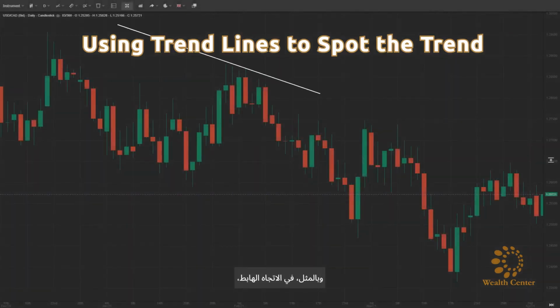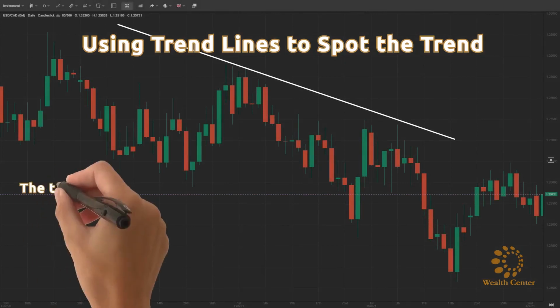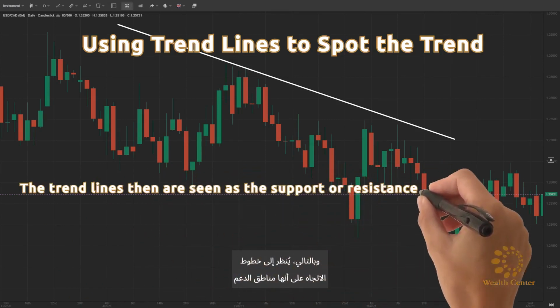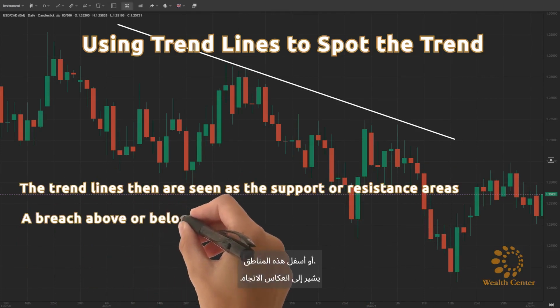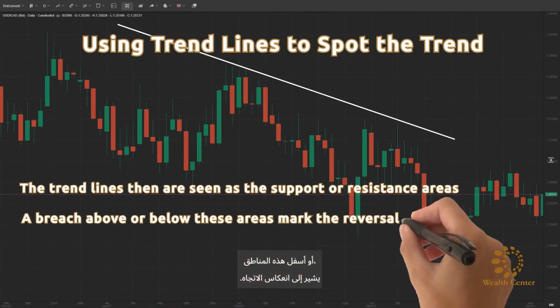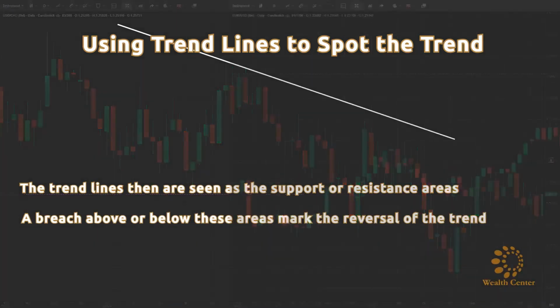Similarly, in a downtrend, the trend is identified by connecting the resistance areas, which also draws an angled trend line. The trend lines then are seen as the support or resistance areas, and a breach above or below these areas marks the reversal of the trend.